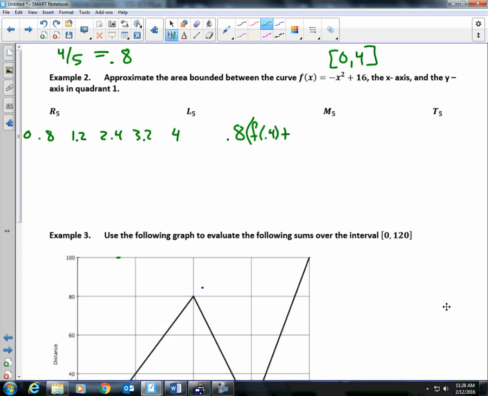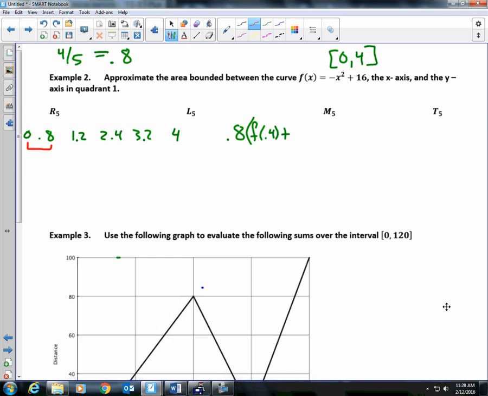Then what? It's 1.2. Folks, watch. Look here. This is so important, you see this, otherwise you'll be confused when you do your assignment. The midpoint is the average of the two values, right?